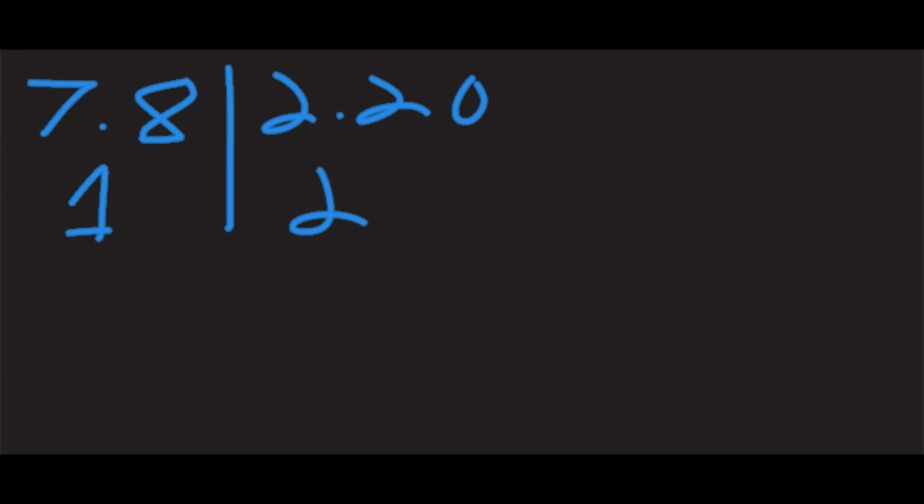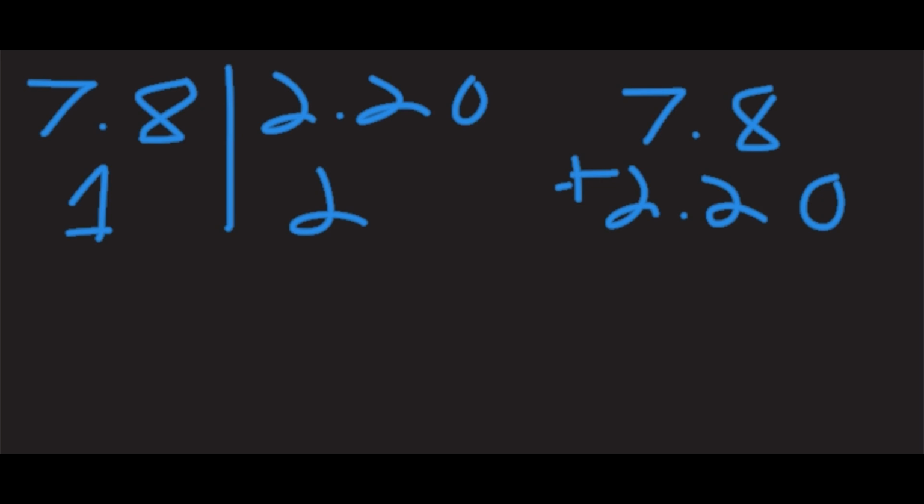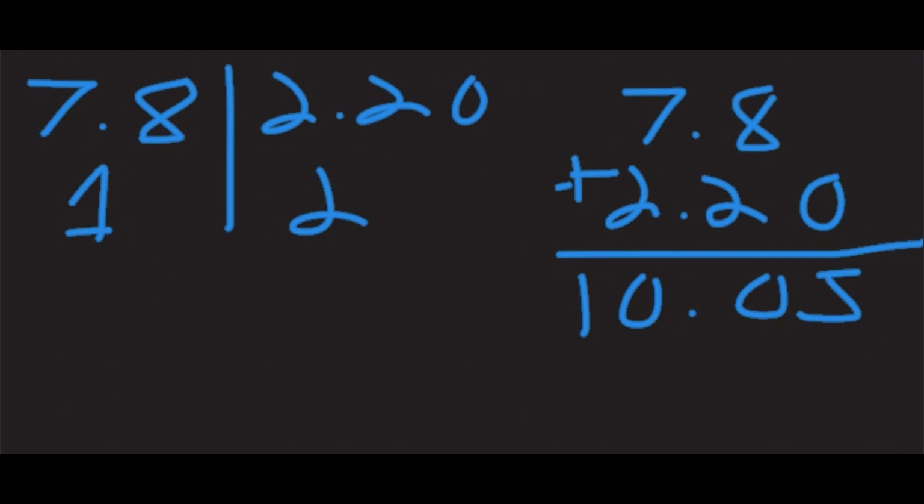So, to figure this out, we would add up these values. And when you add up these values, you end up getting 10.05. However, this is not consistent with the rule of significant figures that we talked about, because this 10.05 does not take the least number of decimal places that this 7.8 has.